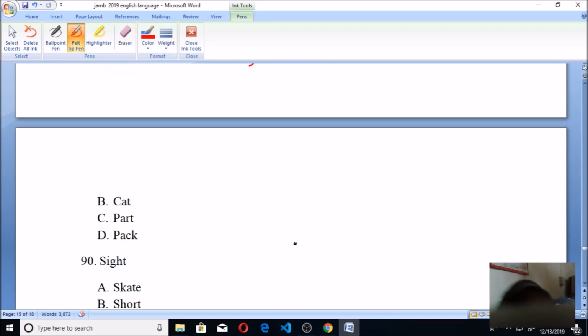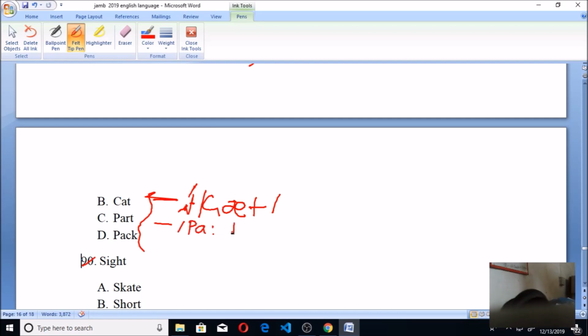Now let's look at the other words. We have cat, like in pussycat. Cat like in pussycat is this sound. Now we have part, the long R sound.